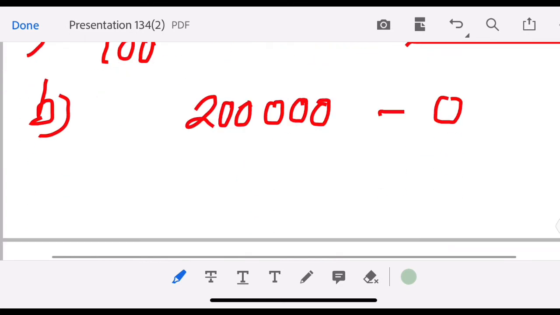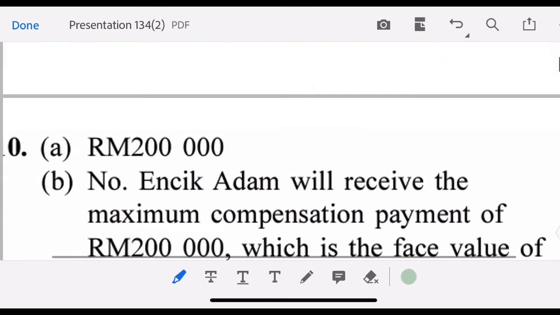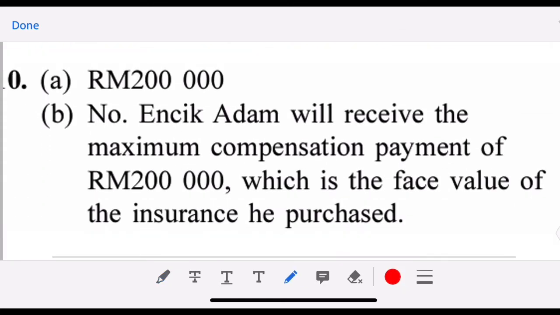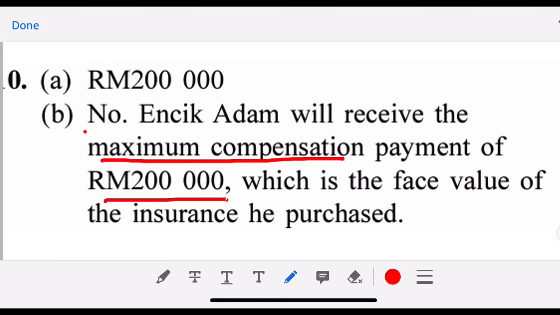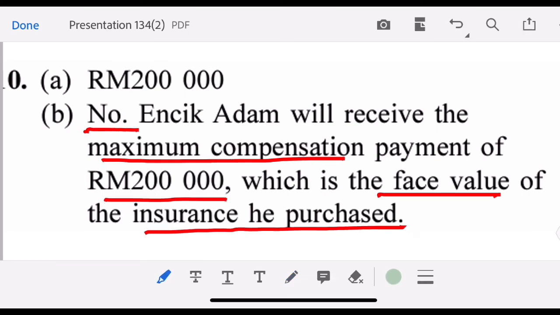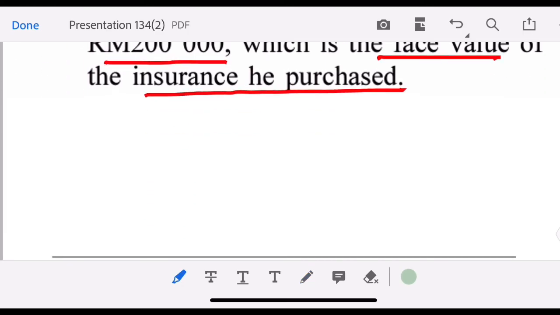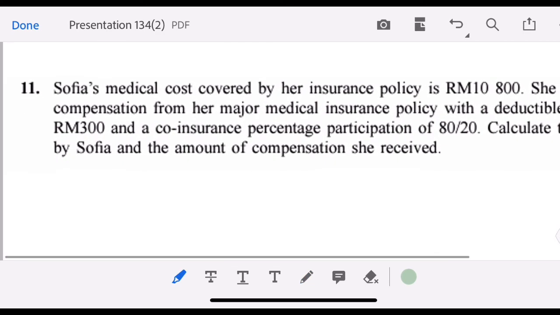So in this case, you can see that Inje Adam will receive the maximum compensation payment of 200,000 and not 250,000. So the 200,000 is the face value of the insurance he purchased. Okay, so this is something special.